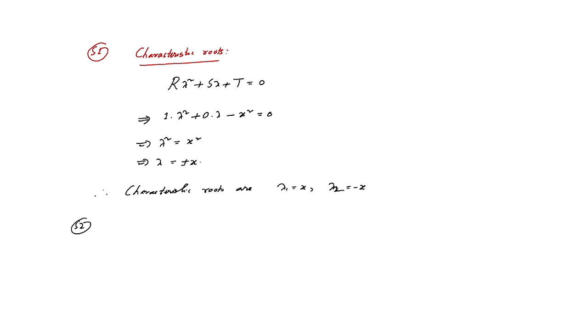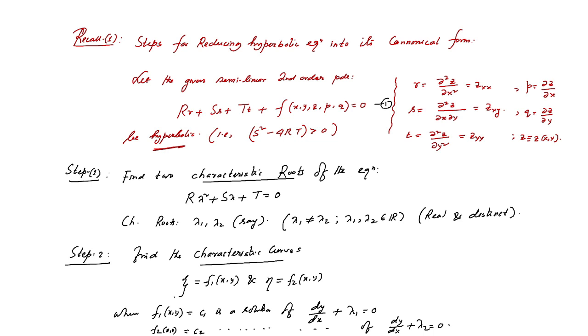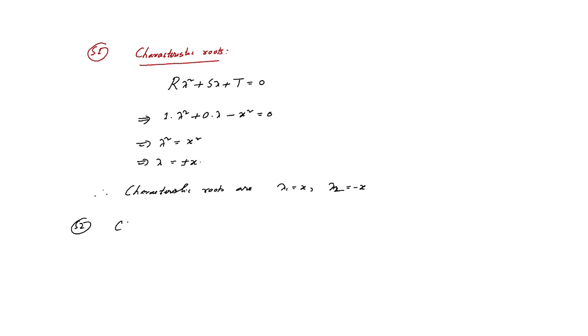Now step 2, what will we find? We will find the characteristic curves. And for that, we will solve dy/dx plus lambda 1 equals 0 and dy/dx plus lambda 2 equals 0.